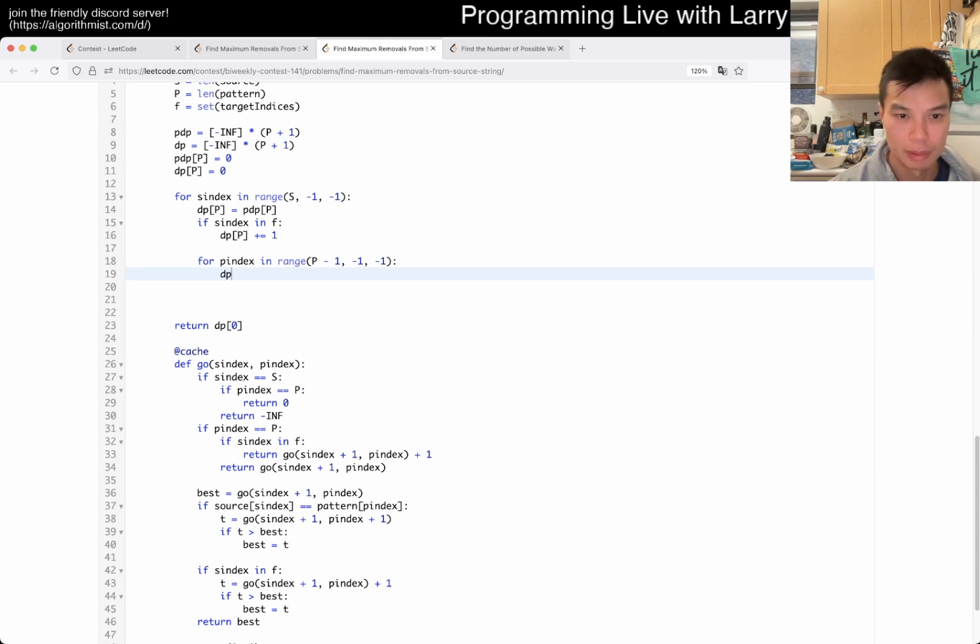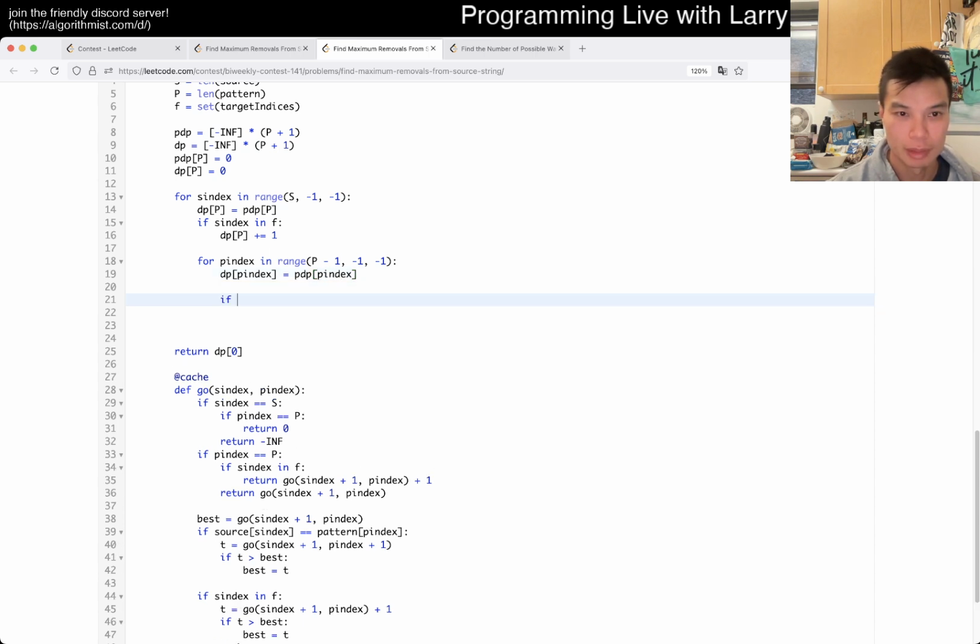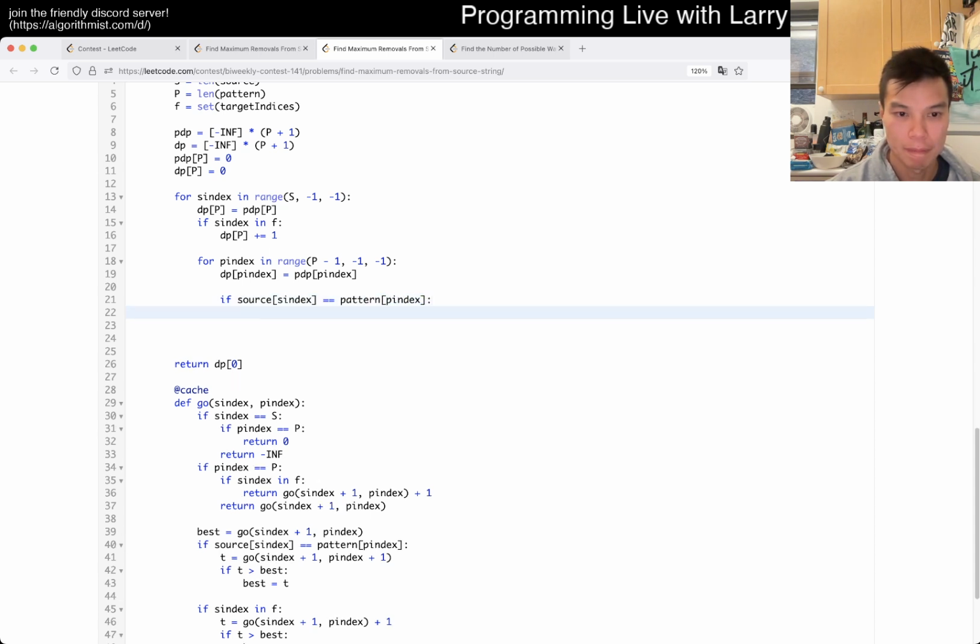You have dp of p index is equal to dp of p index, okay? If, whatever, nested it. P is greater than dp p index.